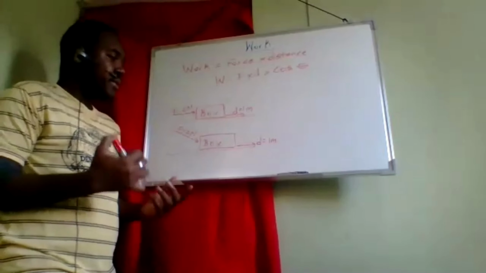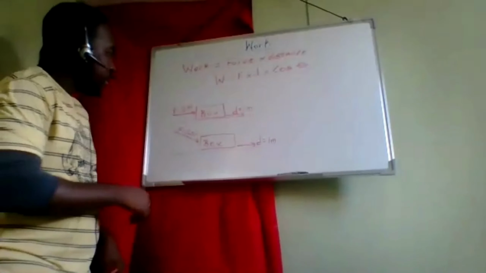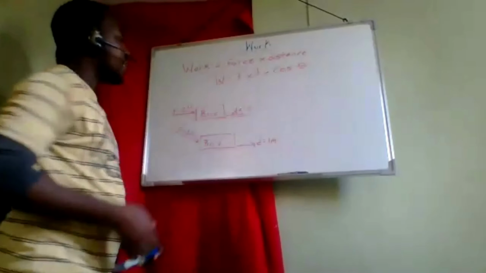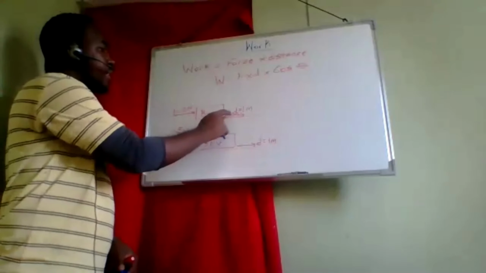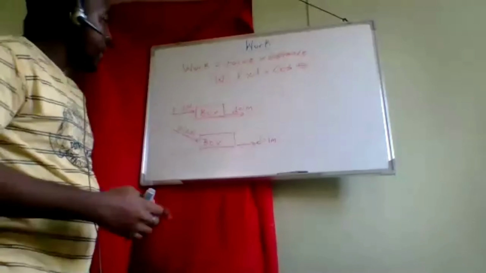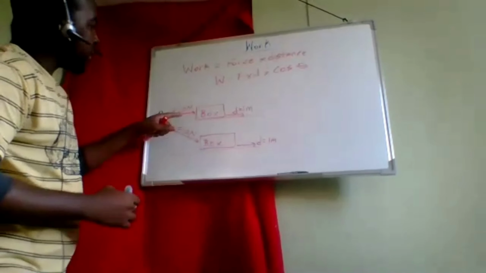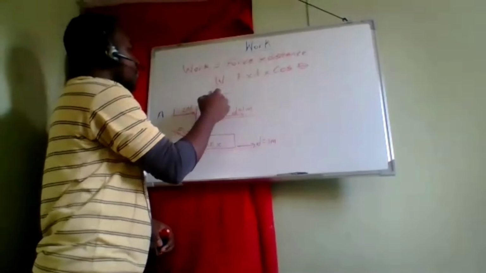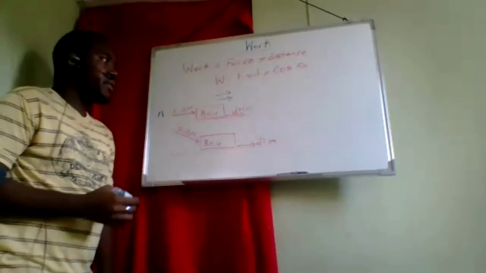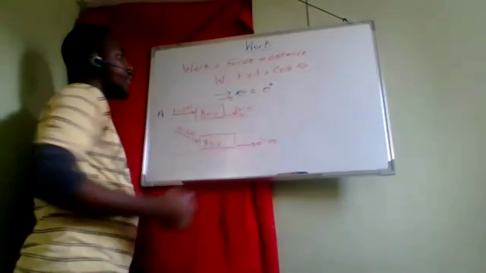Now, the difference in terms of work is that the theta in cos theta tells us the angle between the force and the distance that the object moved. In our first example, let's call it A, the F and the D are parallel to each other, both going parallel, and in that case, theta would be 0 degrees.